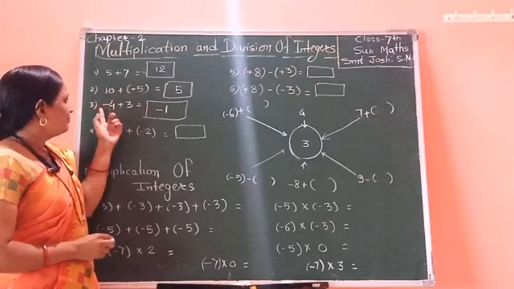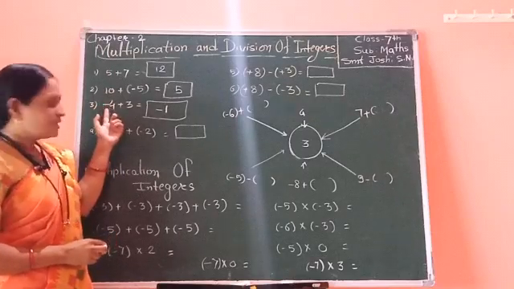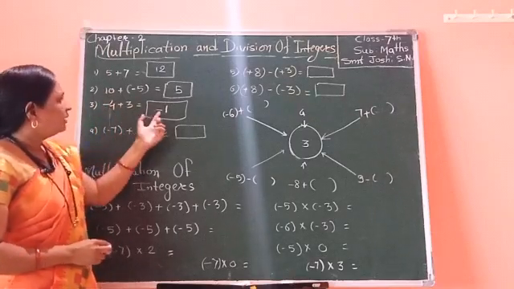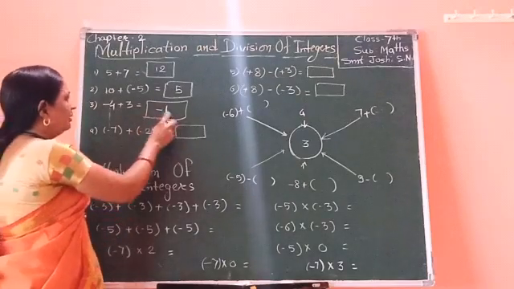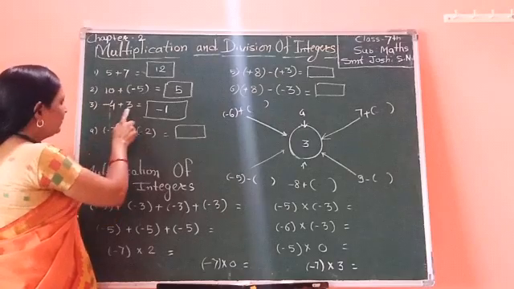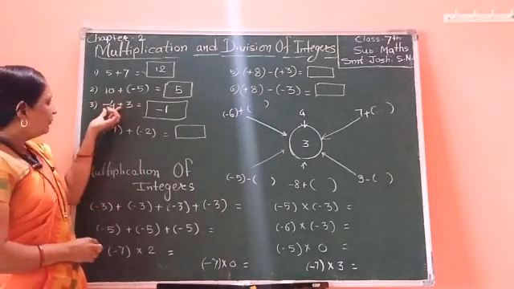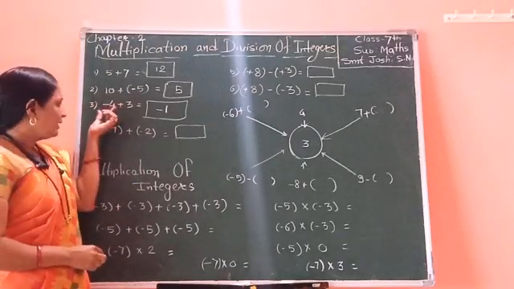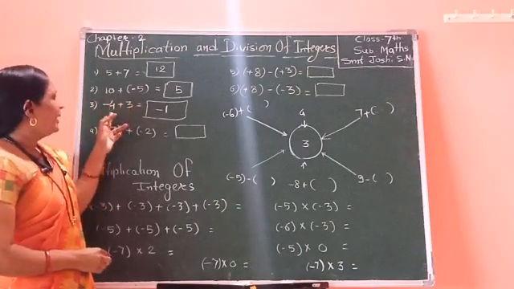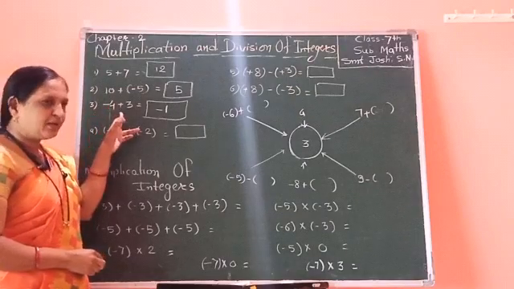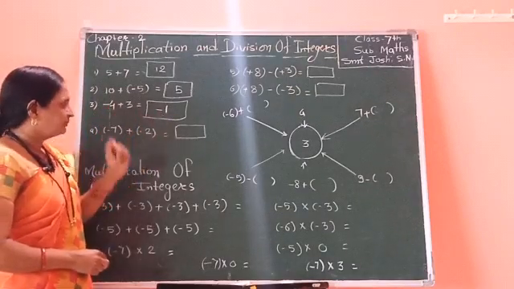Give the sign of the bigger number to the answer. Remember this: when one number is positive, another is negative, then subtract the smaller number from the bigger number and give the sign of the bigger number to the answer.